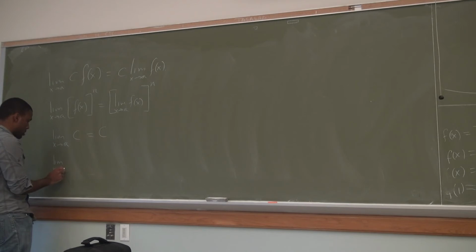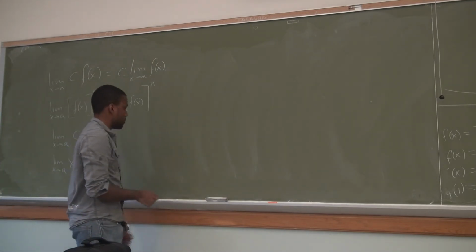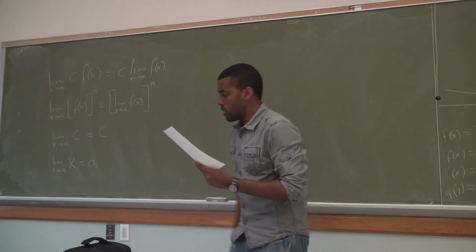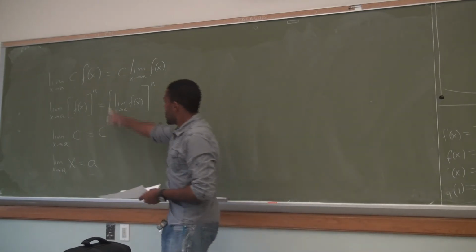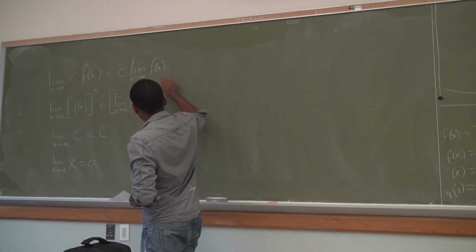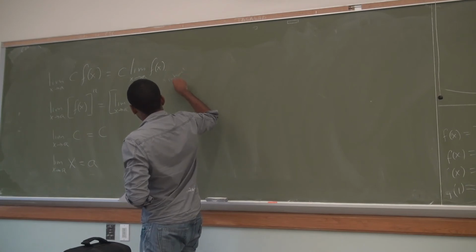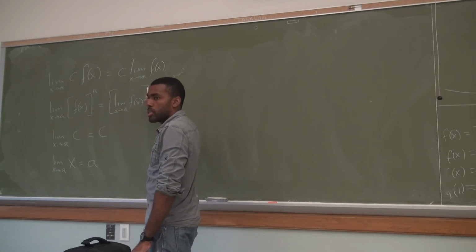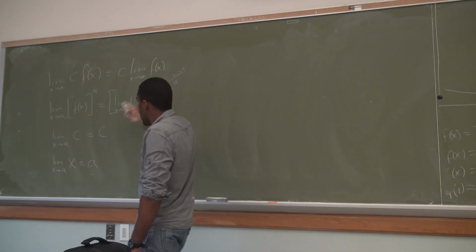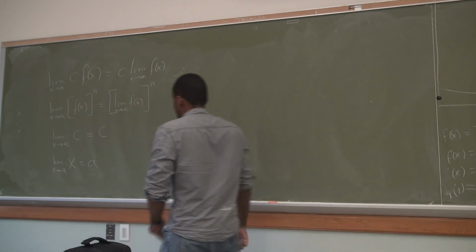The limit as x approaches a of x is equal to a. These are just some important facts. This applies to fractions, in particular radicals, right? So if I have the limit of a radical of a function, it's just a radical of the limit.